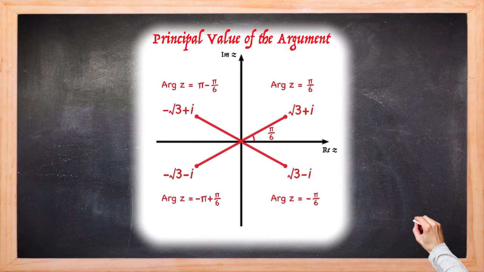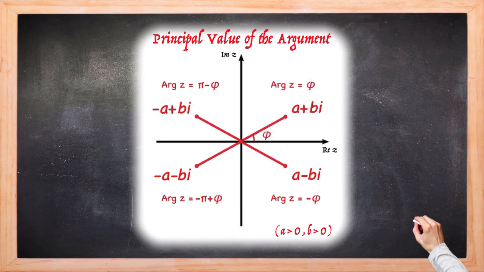Now there's nothing particular about root 3 plus i. We could generalise that, and so long as a and b are positive, a plus bi is in the first quadrant, there are the related complex numbers, and let's call phi the first quadrant angle. So again we can get these principal values in the same manner.